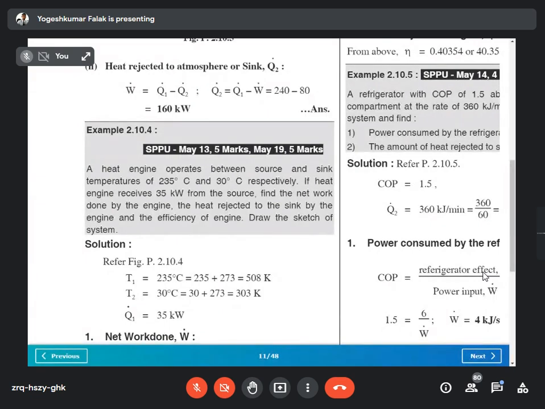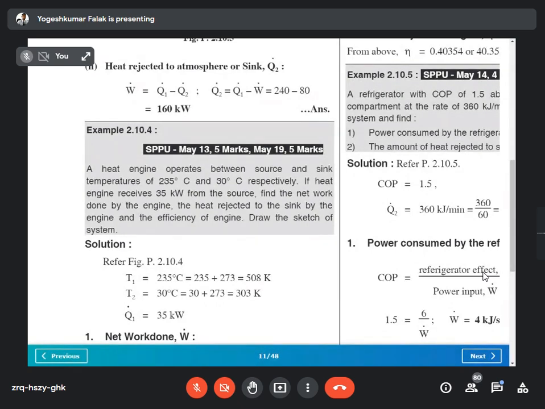So anybody knows about that? How to get this value of net work done? For net work done, we know that Q1 minus Q2, or another formula if you know the COP, but for a heat engine there is no COP. So you must know the value of Q1 and Q2. So how to get the value of Q1 and Q2, and next is the net work done.